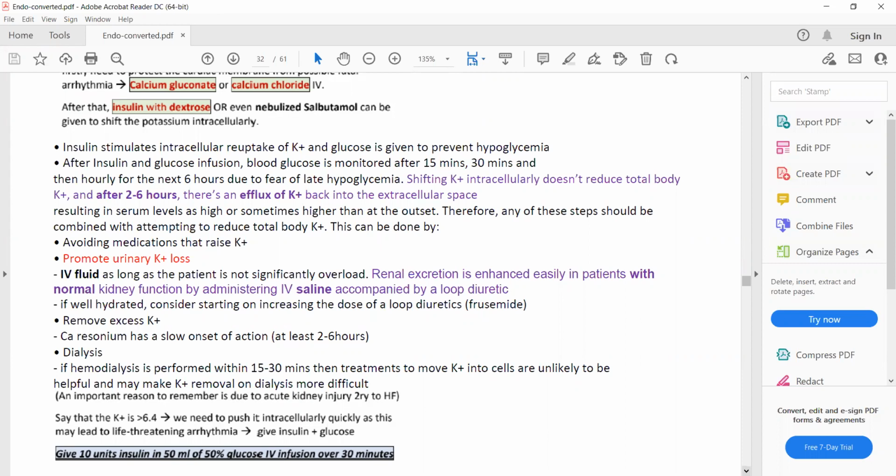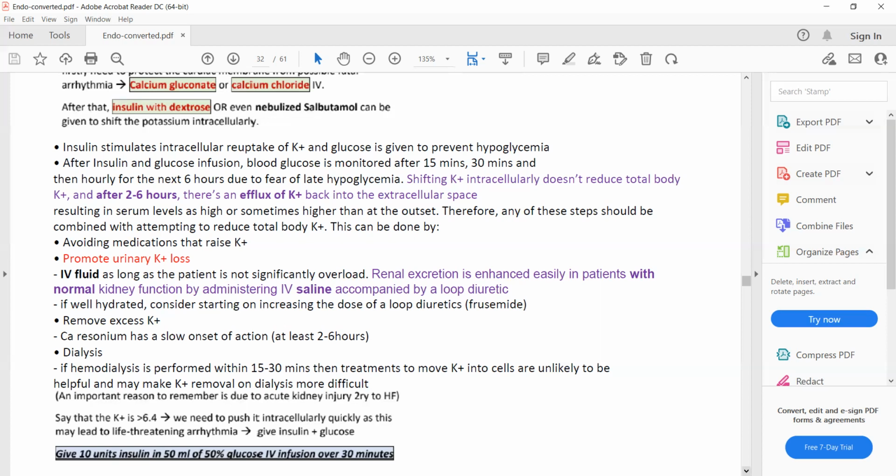So to promote urinary potassium loss, we will give the patient IV fluids plus loop diuretics. But if the patient is well hydrated or overhydrated, or in fluid overload, then we will not give IV fluid, we will just give loop diuretics.